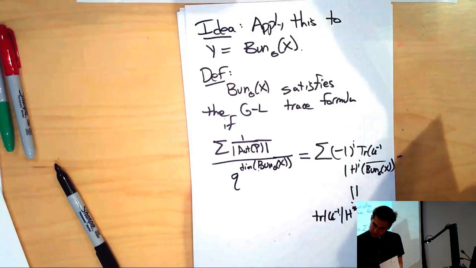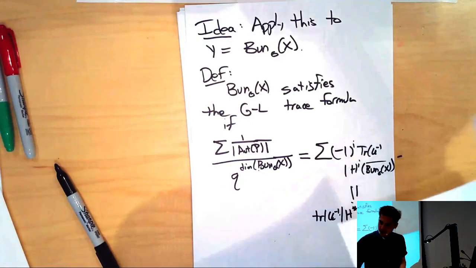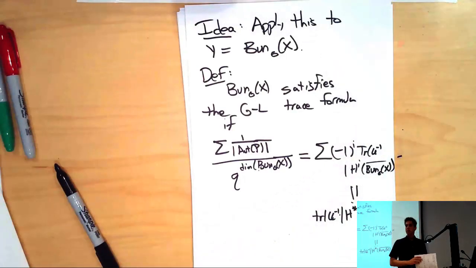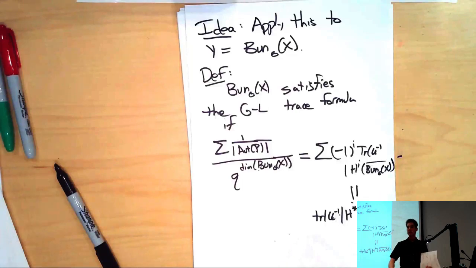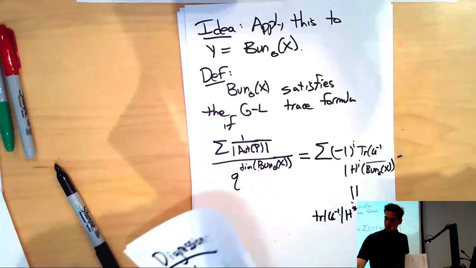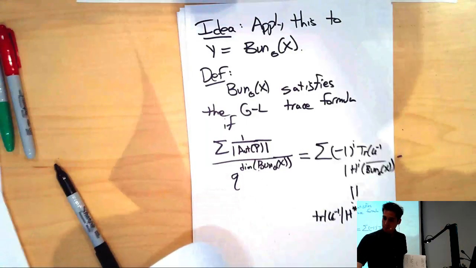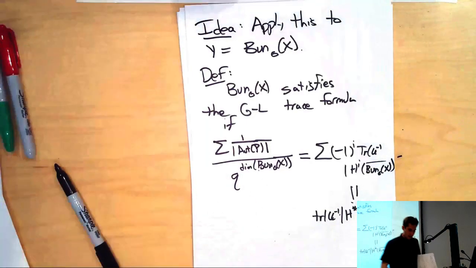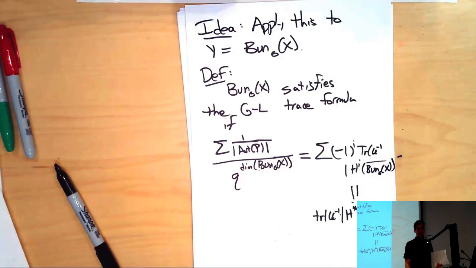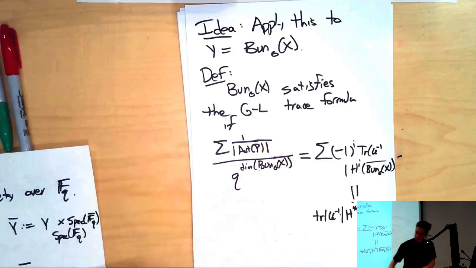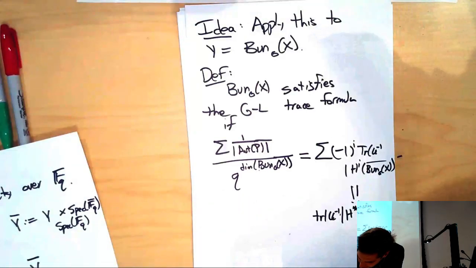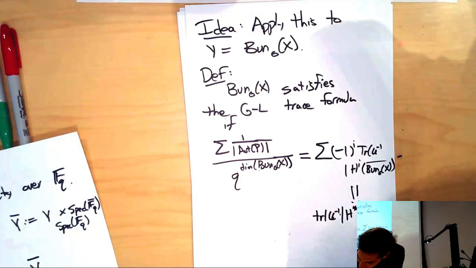Remember, I said that what the Weil conjecture translates to concretely in terms of a mass formula was that 1 over the size of some automorphism group should be a certain power of q times something. That power of q that appears is the dimension of Bun_G X as an algebraic stack. So capital D is the dimension of Bun_G X.